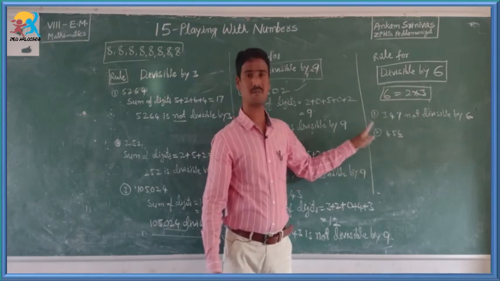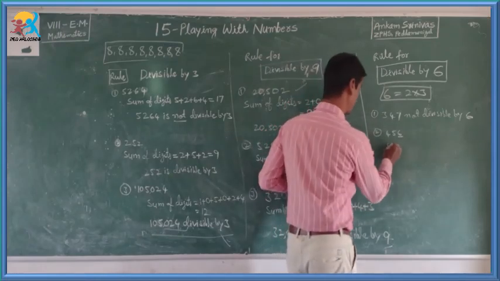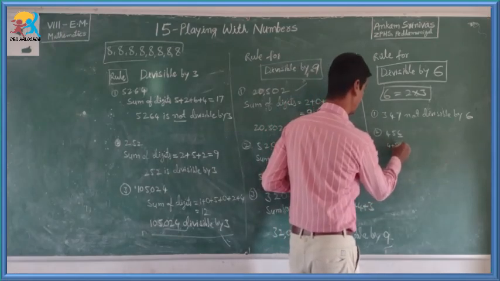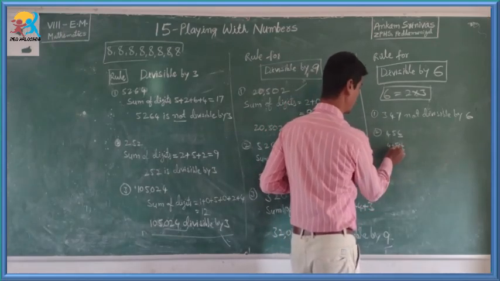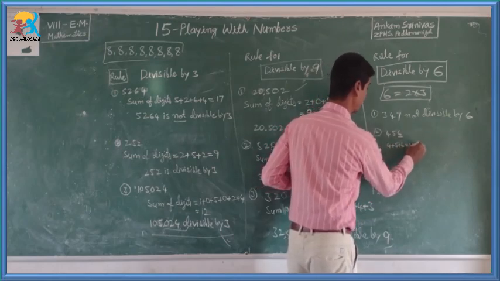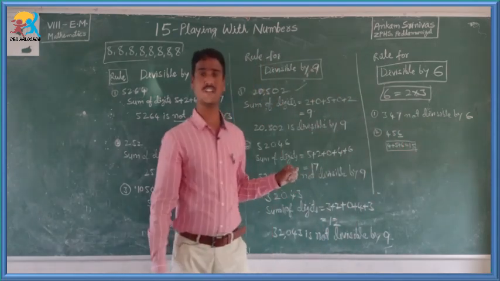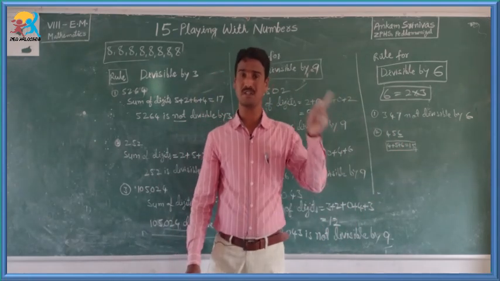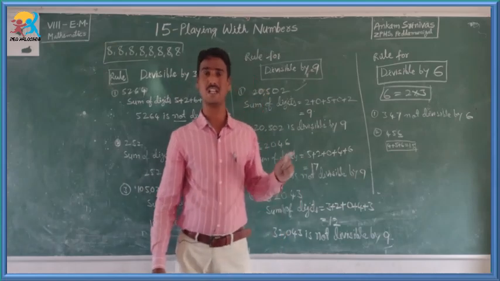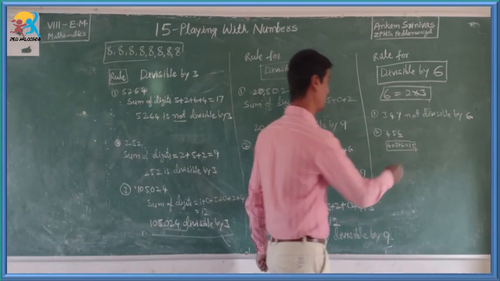Check whether divisible by 3 or not. Sum of digits: 4 plus 5 plus 6. 4 plus 5, 9. 9 plus 6, 15. So the given number 456 is divisible by 2 and also divisible by 3. So we can conclude that it is divisible by 6.